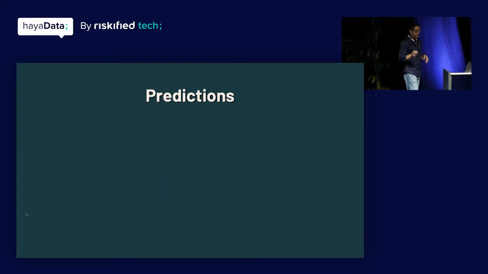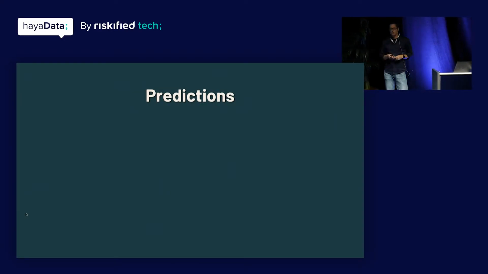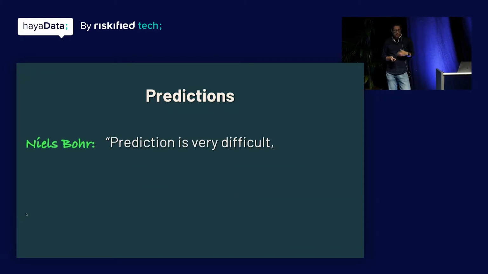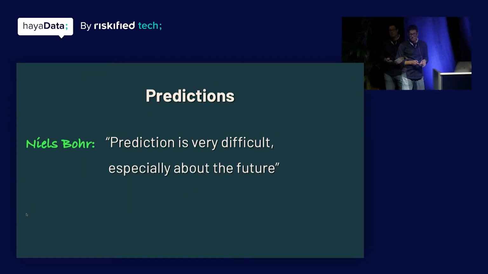All right, so let's talk a little bit about predictions, and you'll see we had to go into predictions to detect anomalies. And I want to mention that Niels Bohr, the father of quantum computing, once said that prediction is very difficult, especially about the future.